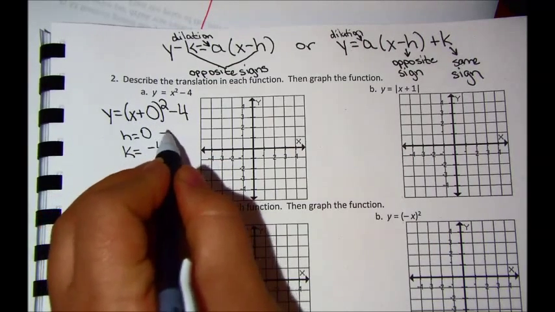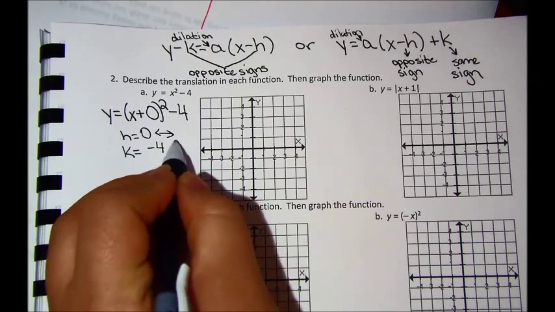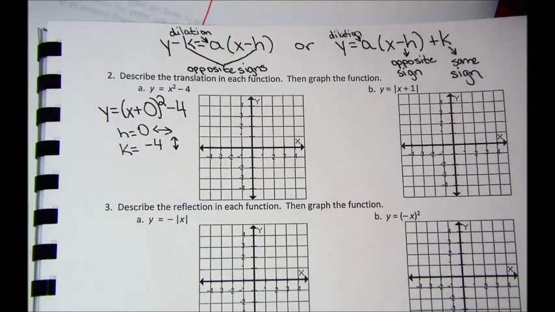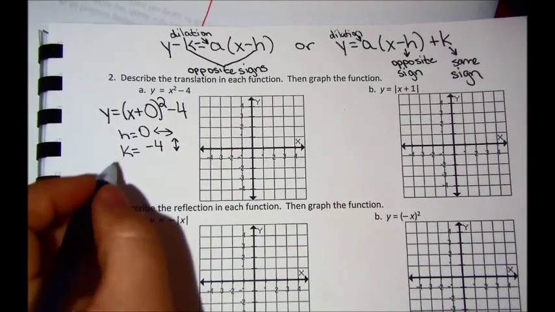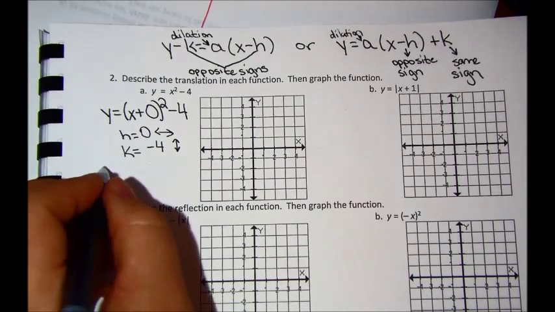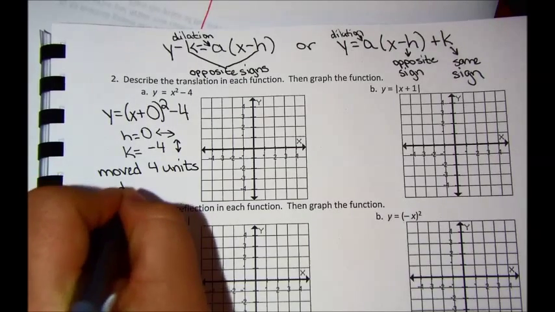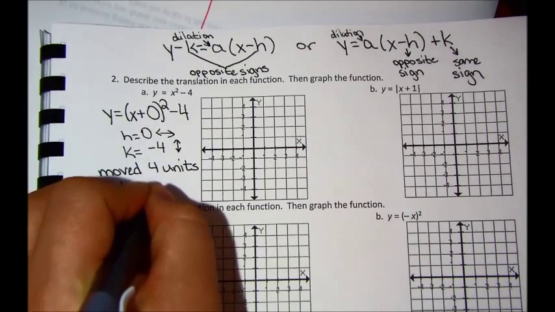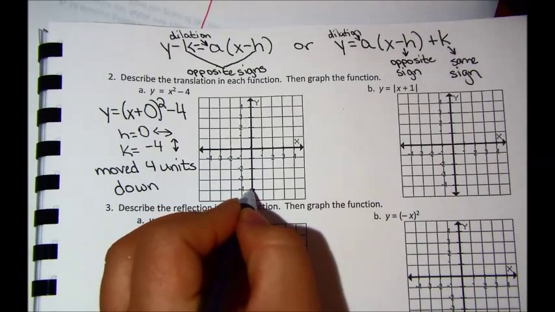Remember, h tells me how it moves left or right, and k tells me how it moves up or down. Does it move at all left or right? No. Does it move up or down? Yes. It moved 4 units down. So our vertex is at (0, -4).